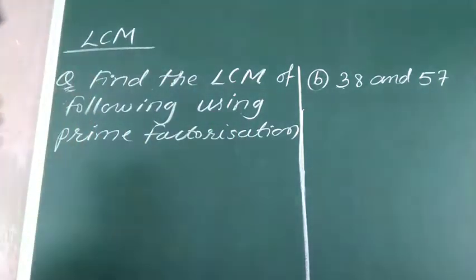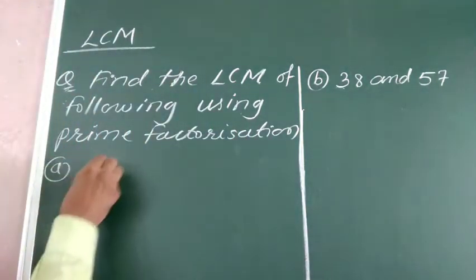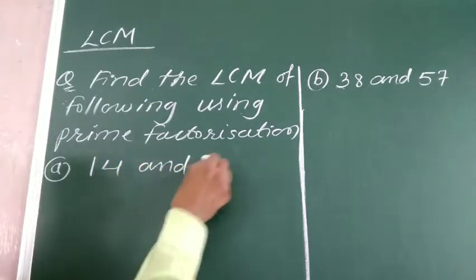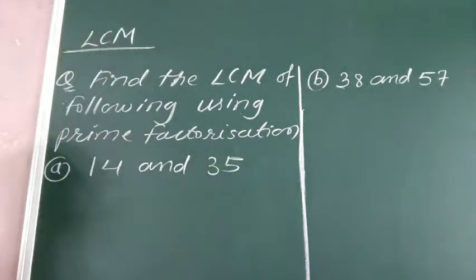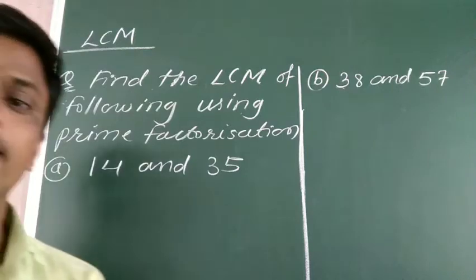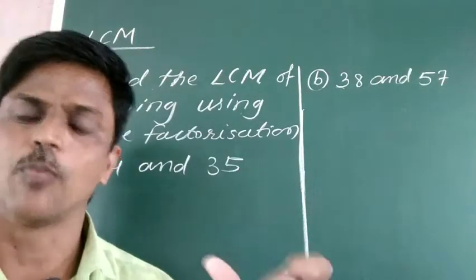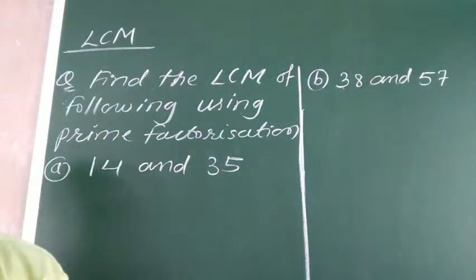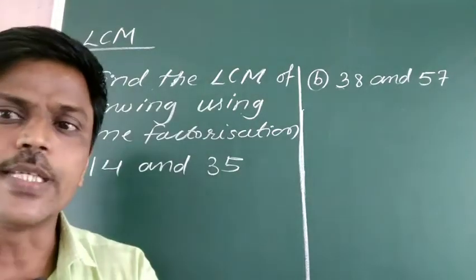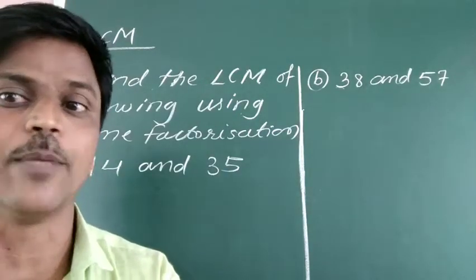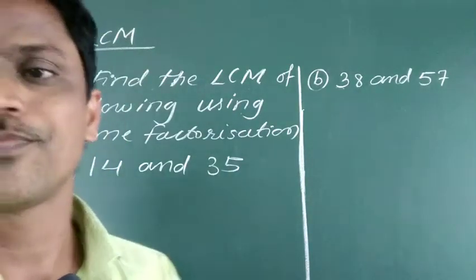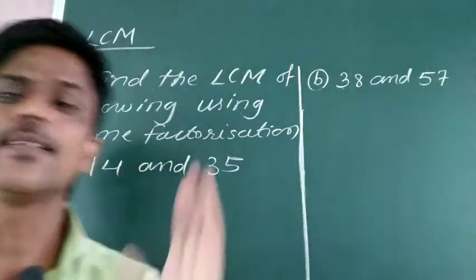So look, take the example here: 14 and 35. We have to find the LCM of 14 and 35. Children, last period we discussed how to find the HCF by using the prime factorization method. The same method is used here.